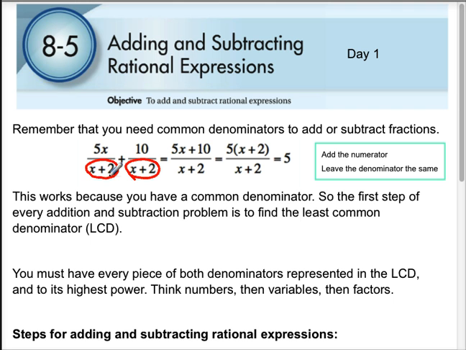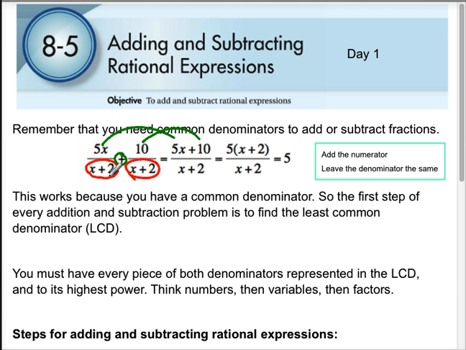So really all you have to do is add the numerators together. So you take 5x plus 10x, combine that into a single fraction, factor, and then cancel based on what we've been doing this chapter. All right, so again, pretty basic as long as you have a common denominator.